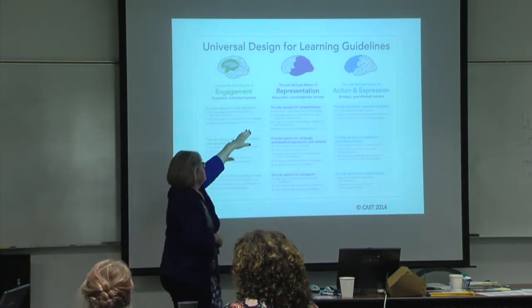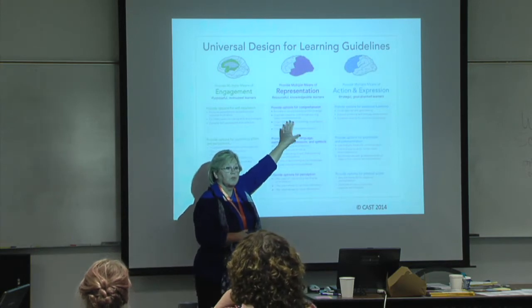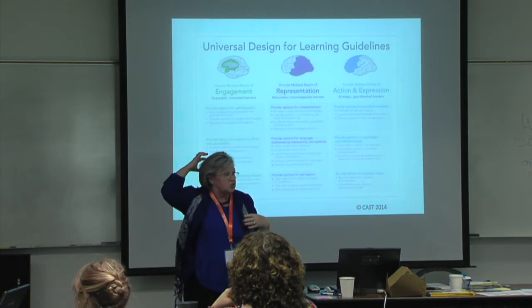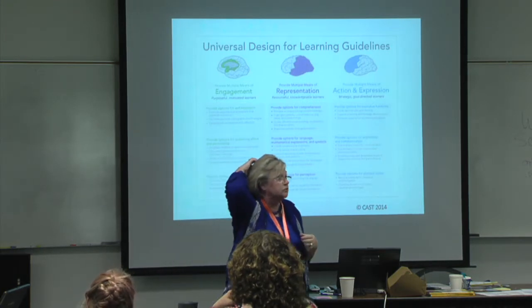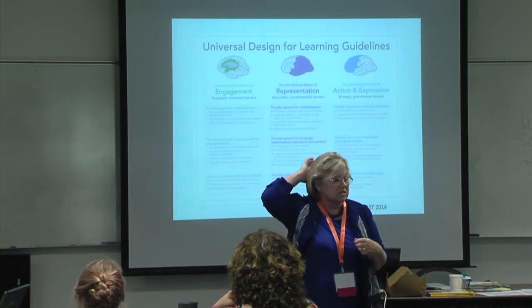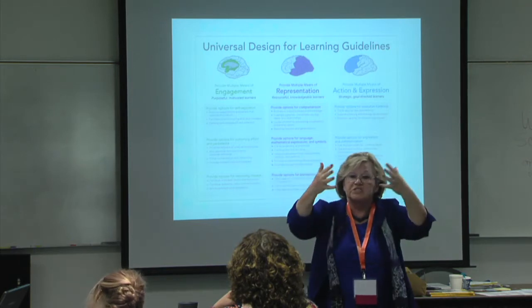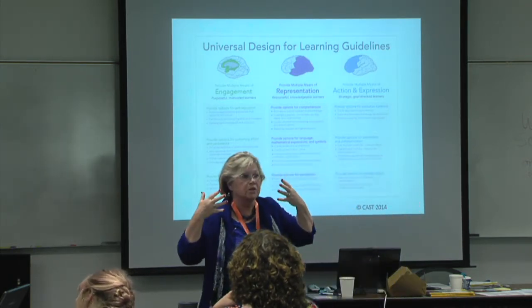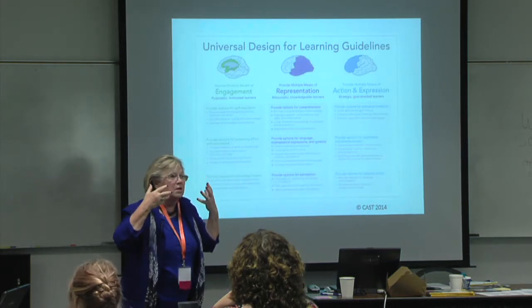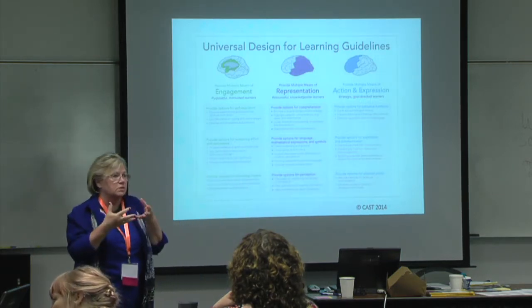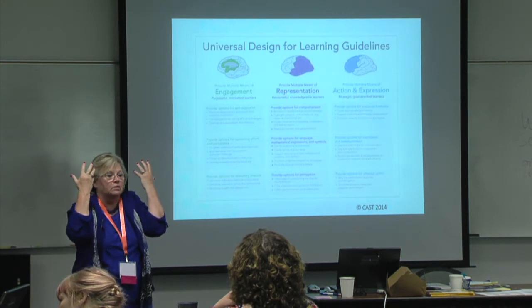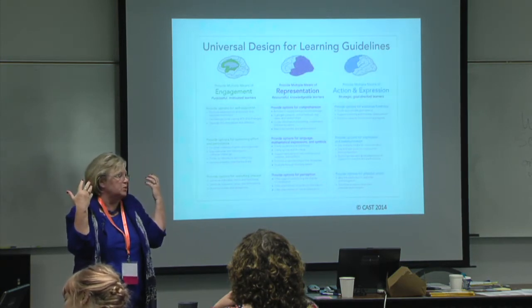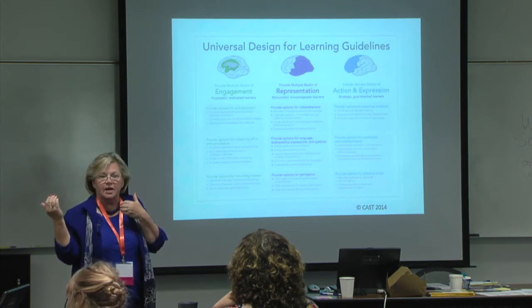The principle of representation is associated with the neural networks towards the back of the brain that perceive stimuli in the environment, interpret it, assign meaning to it, and store it long-term for use in a comprehensible way at another time.